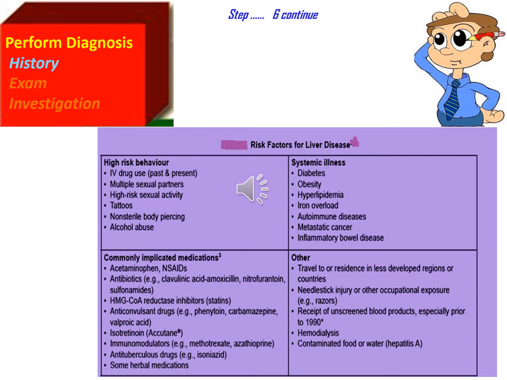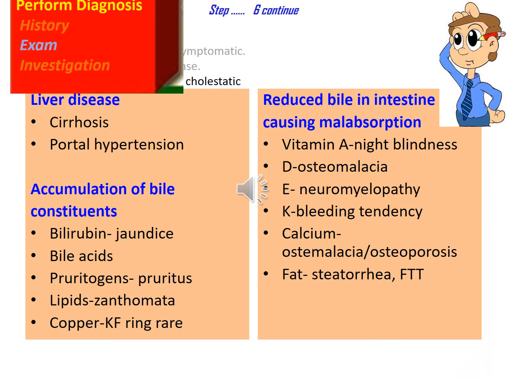We should revise for history of systemic illness like diabetes, obesity, hyperlipidemia, iron overload, autoimmune disease, metastatic cancer, inflammatory bowel disease, and others. History of travel to or residence in less developed regions, history of needle-stick injury, receipt of unscreened blood product, history of hemodialysis, contaminated food or water may suggest hepatitis A. All of these risk factors should be asked in the history.